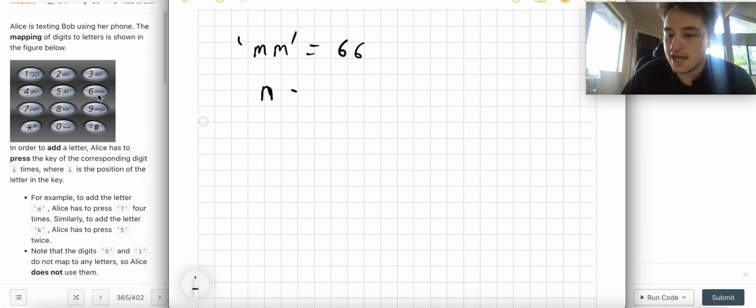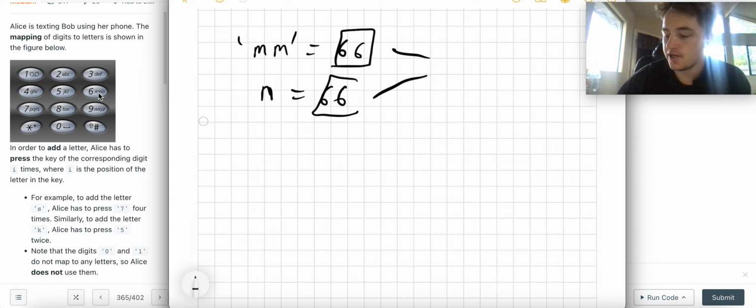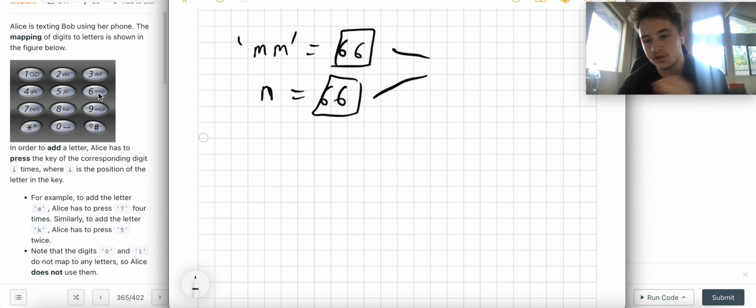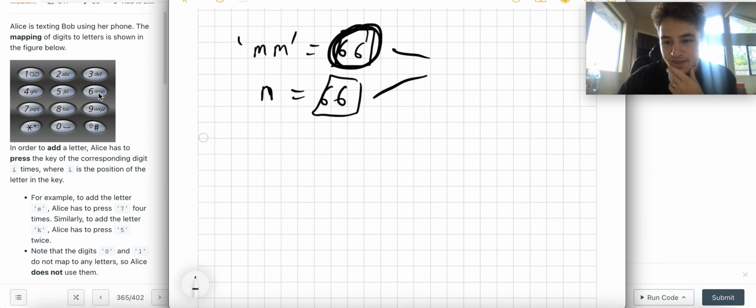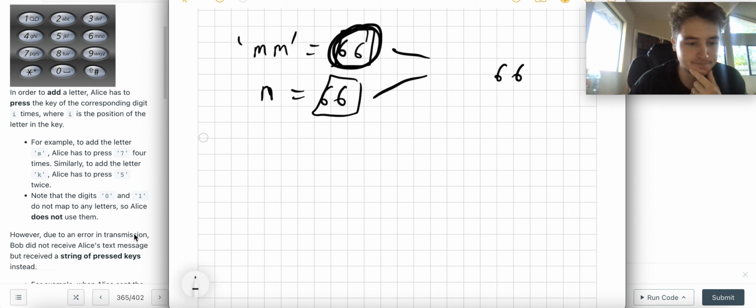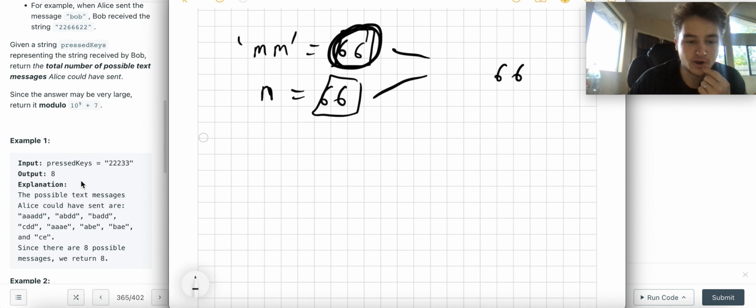To type N, I hit 6 twice. If Bob receives this message, he just sees 66. He doesn't know whether you typed MM or N. There's a collision, so this can be two different things. That gives me two options, which is why there can be multiple solutions.